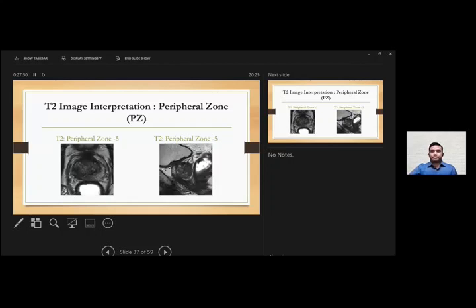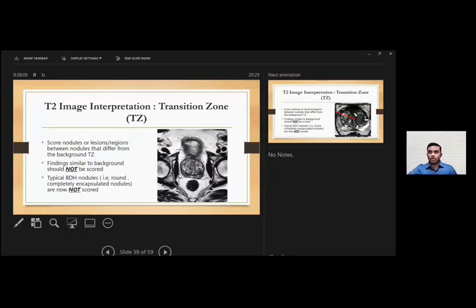And if such a T2 hypointense abnormality in the peripheral gland has a dimension greater than 1.5, it is characterized as 5. But the categorization on T2 for peripheral zone lesions is not important. Where it is important is in the transition zone.